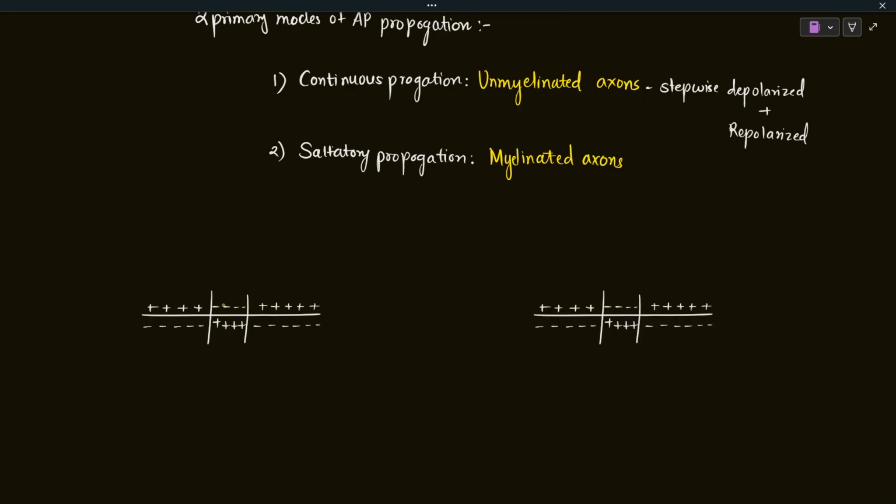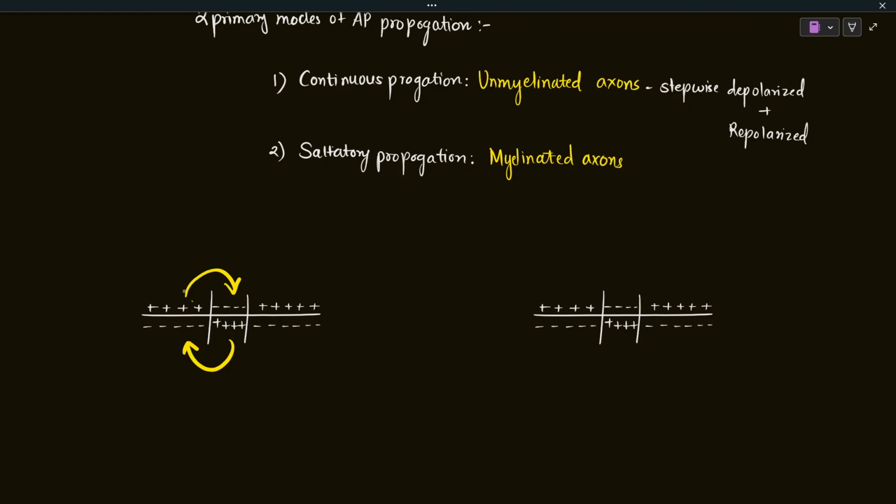Now the charge distribution is changed. Once the ionic distribution is changed, we already know that an ion current will be generated. The ions will flow, like the current will be generated from the positive direction to the negative direction. So the current flow will be something like this.